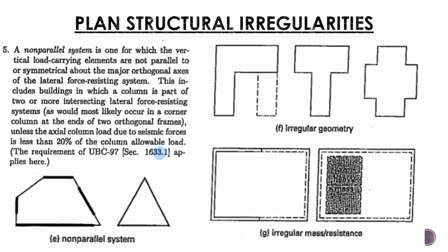So this includes buildings in which a column is part of two or more intersecting lateral force resisting systems, as would most likely occur in a corner of a column at the ends of two orthogonal frames. So unless the actual column load due to seismic force is less than 20% of the column allowable load.